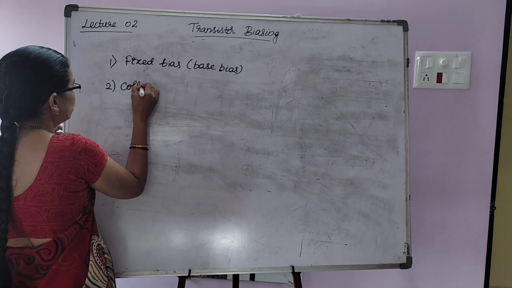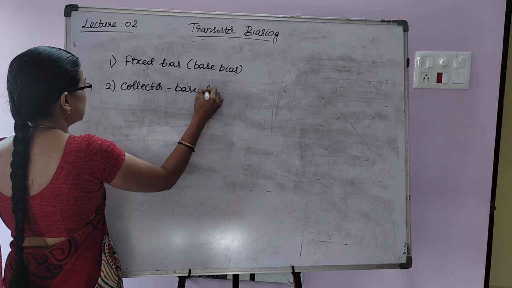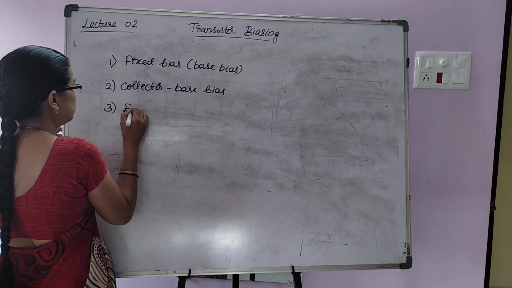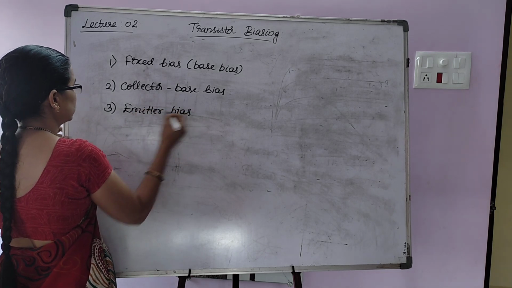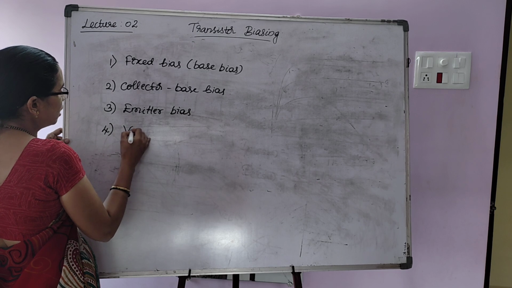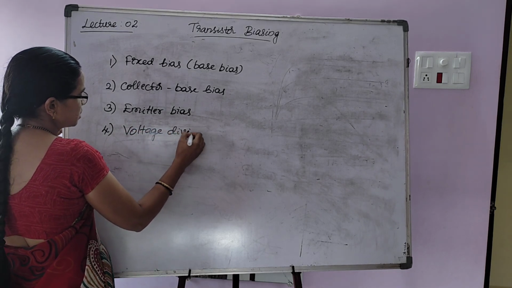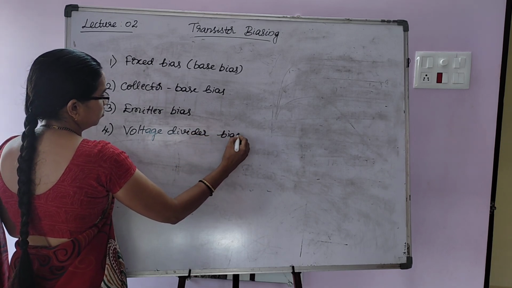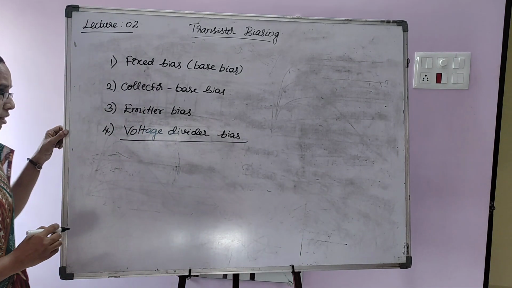The second is the collector to base biasing circuit. The third one is the emitter bias circuit. And the last one and most important one is the voltage divider biasing circuit. This is the most commonly used biasing circuit.